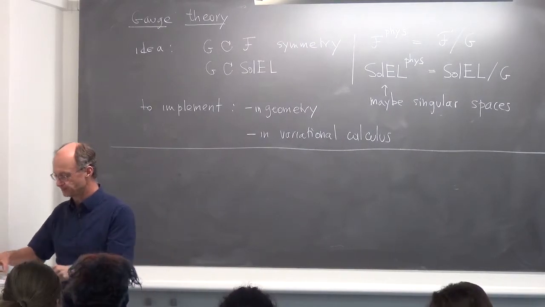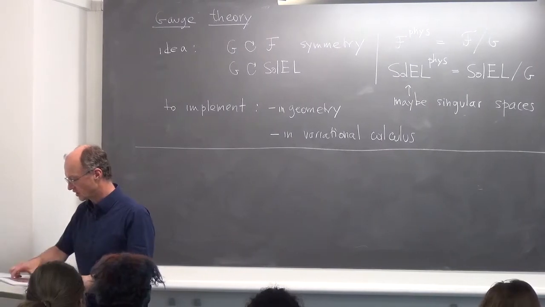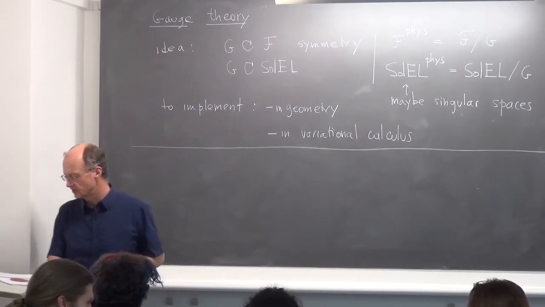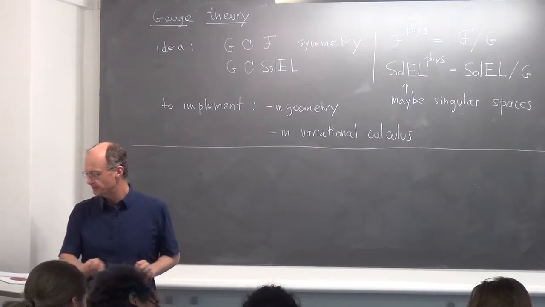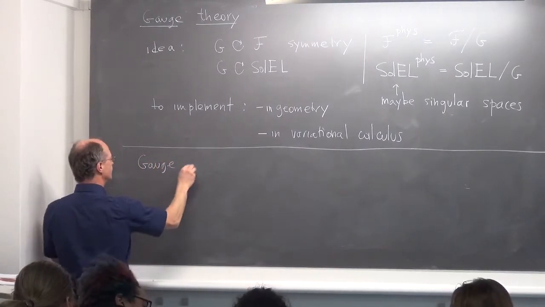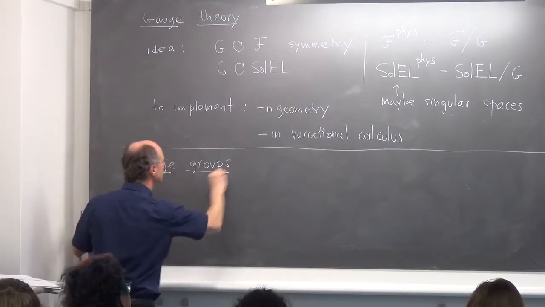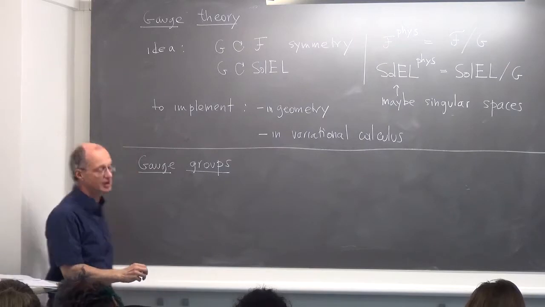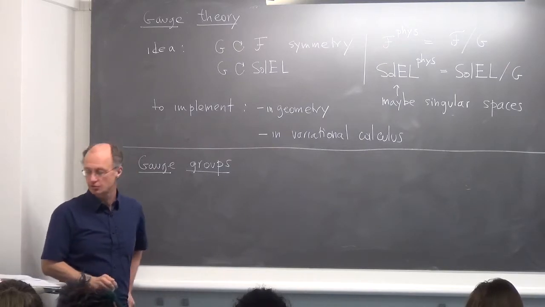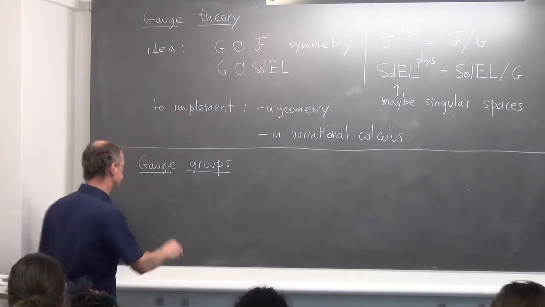Okay, so let me start discussing geometry a little bit. This will go under the name of gauge groups. The groups that we choose in gauge theory are huge groups. Let me give you a little bit of an idea of how it works.